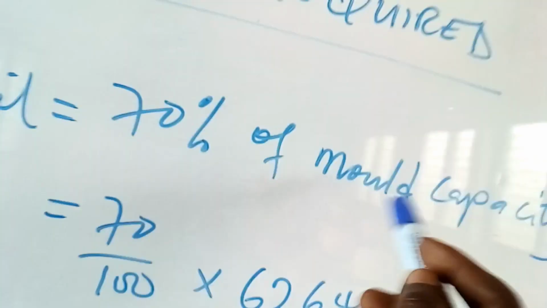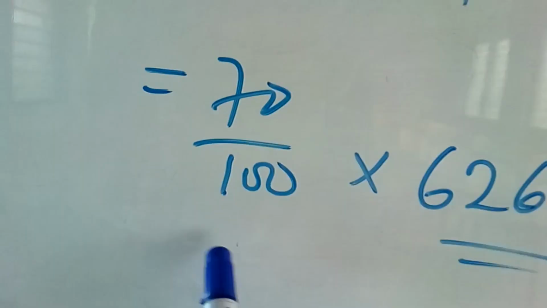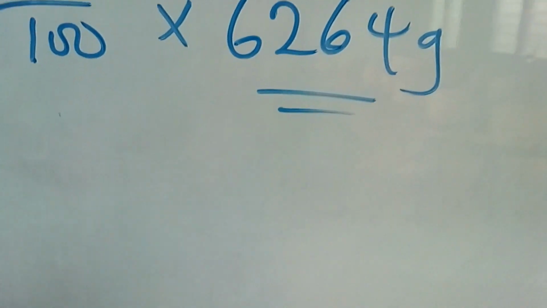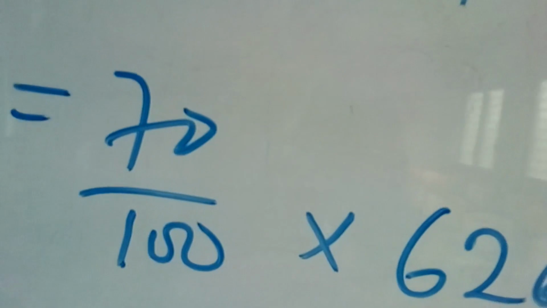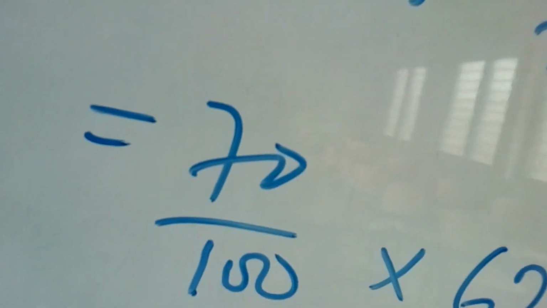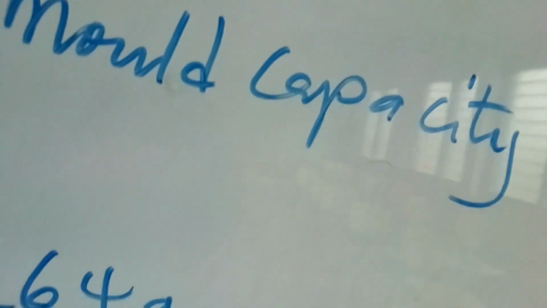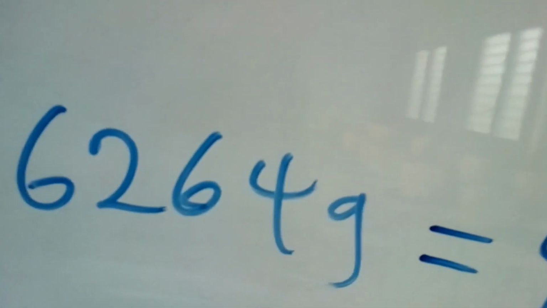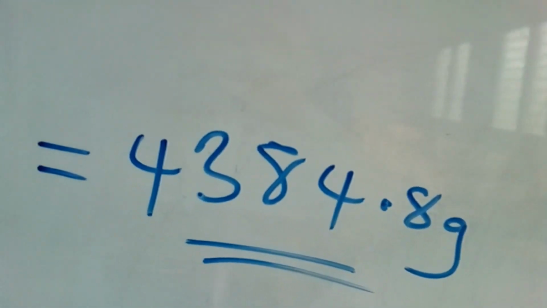So 70% of 6264 grams gives us 70 divided by 100 multiplied by 6264. So the quantity of oil required, which is 70% of the mold capacity, will give us 70 over 100 times our mold capacity, which is 6264 grams.